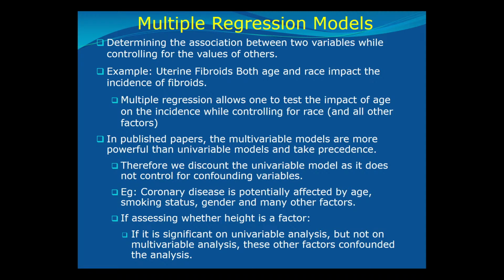But this type of association is very sophisticated, so we can simplify it by using correlation only. If assessing whether height is a factor, it may be significant in univariable analysis, but not on multivariable analysis. These are the factors that confounded the analysis.